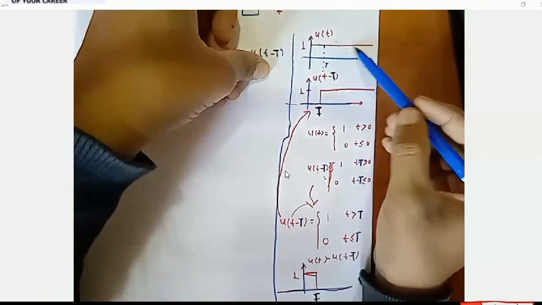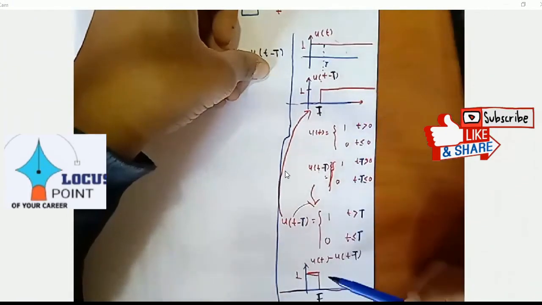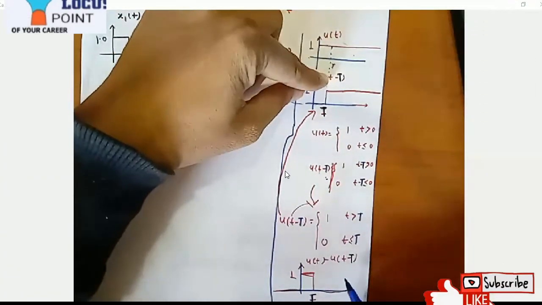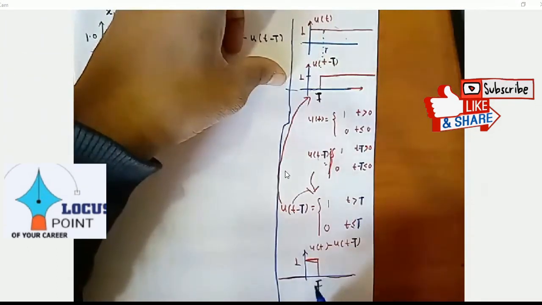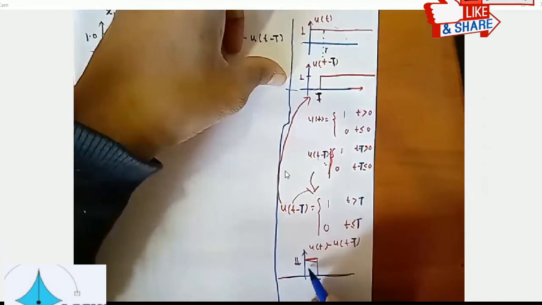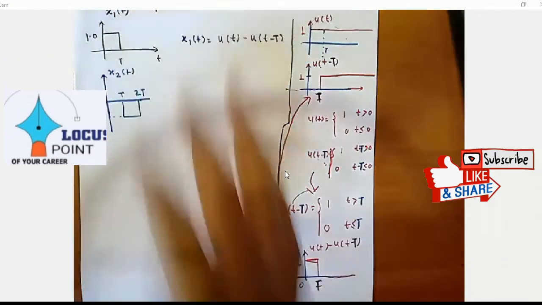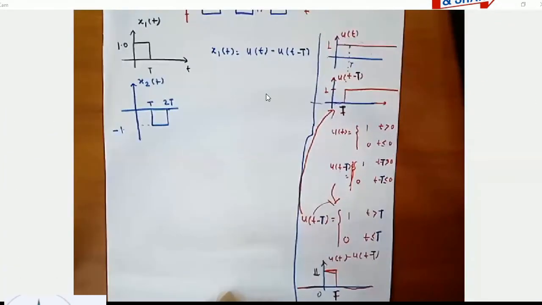And after T this function is also 1, so 1 minus 1 will be 0. So u(t) minus u(t minus T) will be 0. The whole graph will become a pulse having value 1 from 0 to T. Course, please raise your hand and tell me whether you understood this point or not.